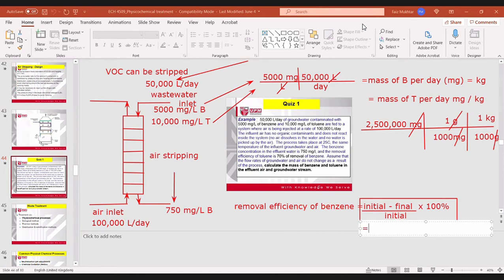Otherwise, you can still use the concentration. It's still the same. I use here the concentration. This 5,000 here is the concentration. It's the same whether you use concentration or the mass that we calculated. Doesn't matter. So 5,000 minus 750 times 100.